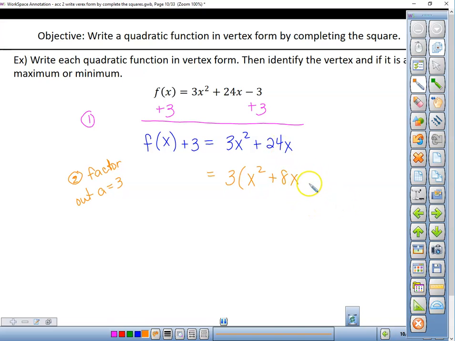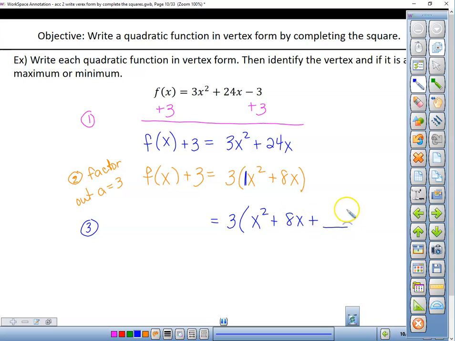So we have that, and this over here is still f(x) plus 3. So the next step after this is focusing over here on this side. Because this is now a 1x squared, we can figure out what number to add after the 8x that will create a perfect square trinomial.